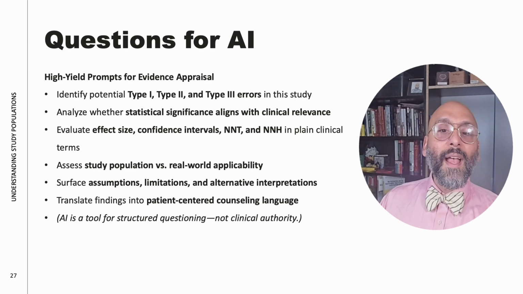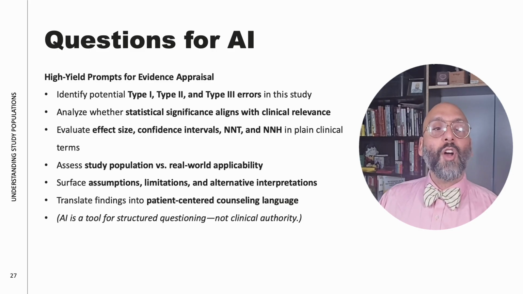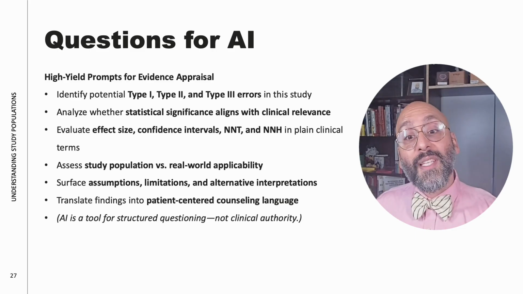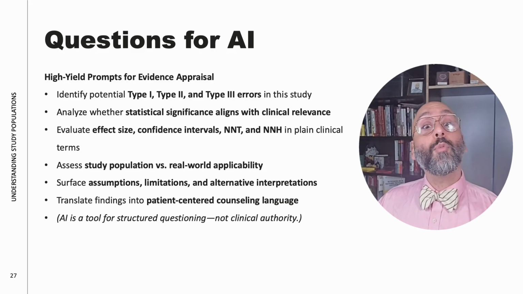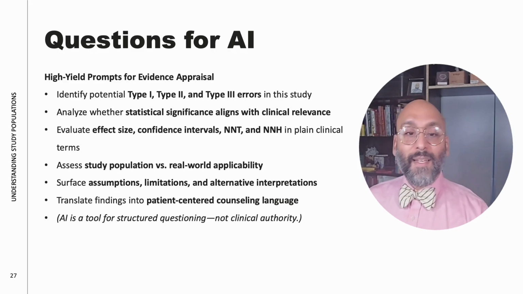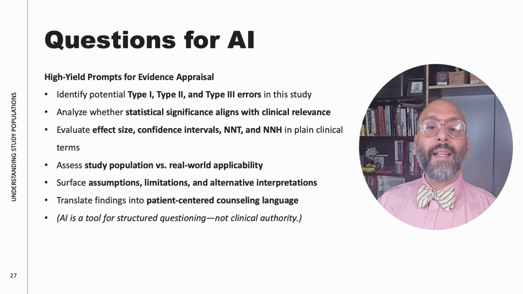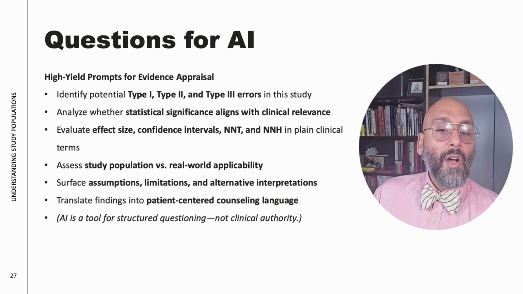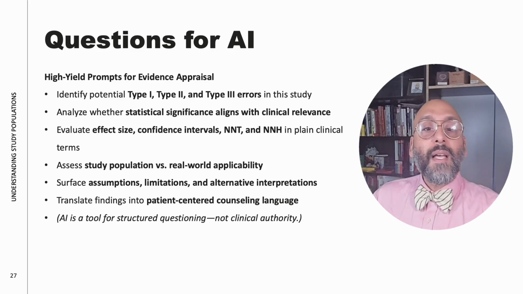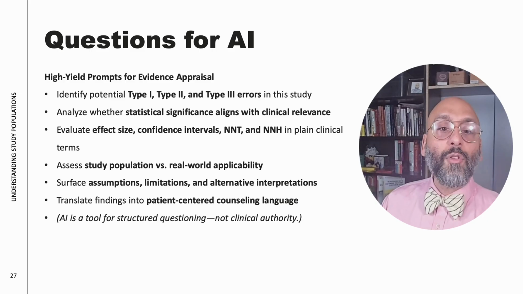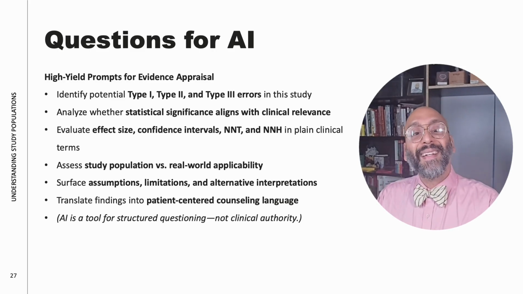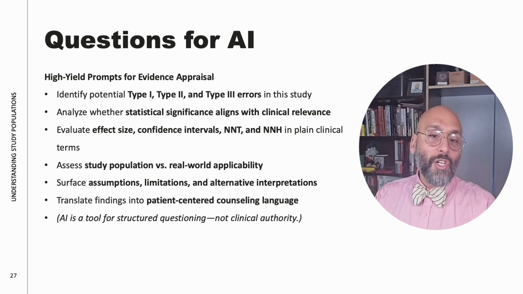Left on its own, AI models will often overweight statistical significance, underemphasize effect size, typically ignore confidence intervals, flatten uncertainty, and quietly assume that a published article means it's actionable. That's not a flaw, it's a reflection of how language models work. Your job is to prompt it like a clinician, not like a search engine.